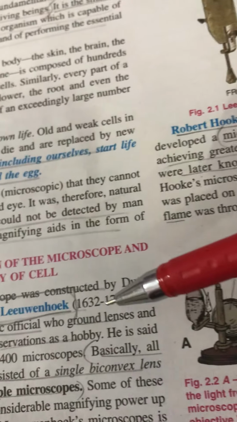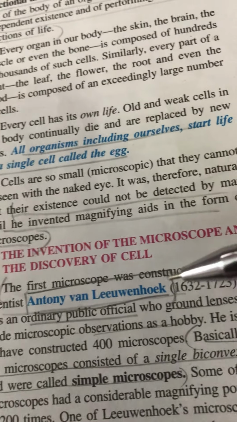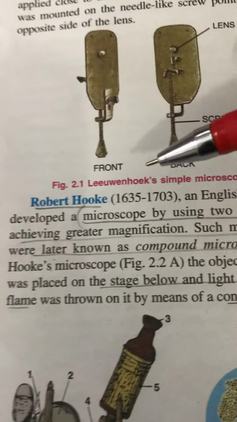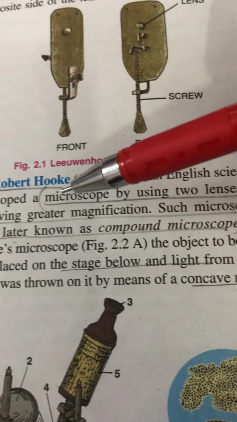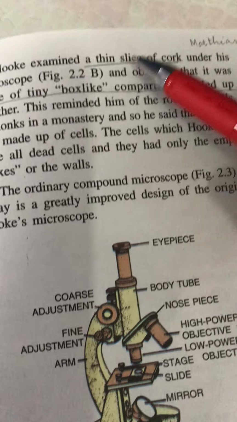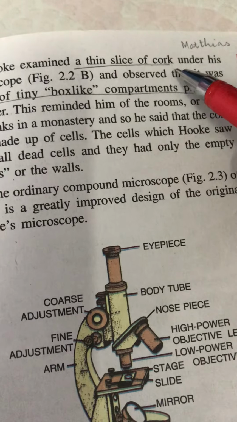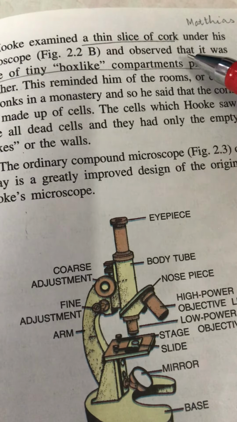So first a simple microscope was constructed by Antony von Leeuwenhoek, and then a compound microscope was constructed by Robert Hooke, and Robert Hooke discovered the cell under his compound microscope by observing a thin slice of cork.